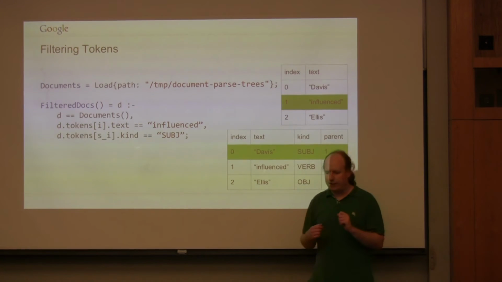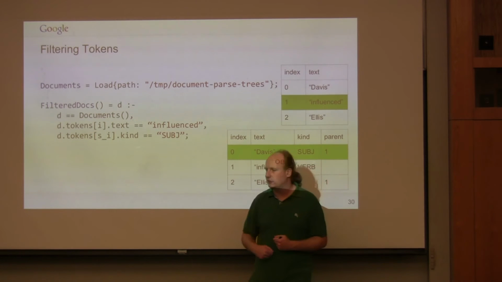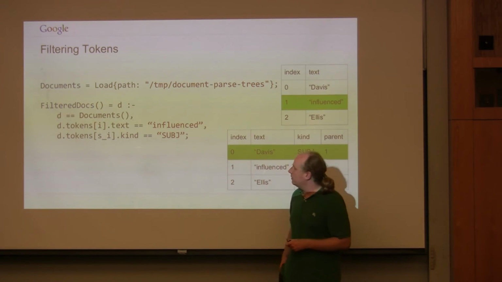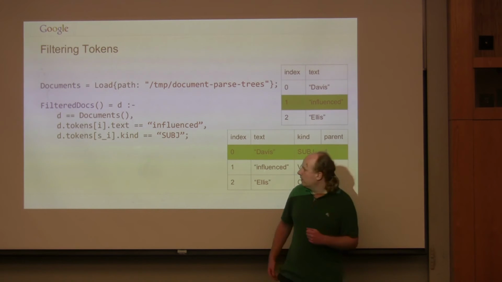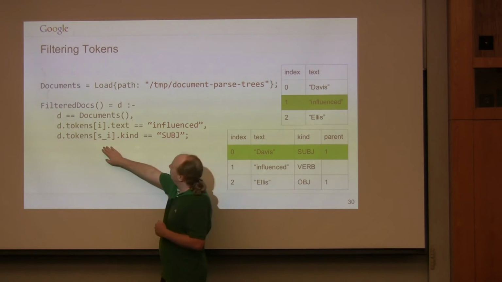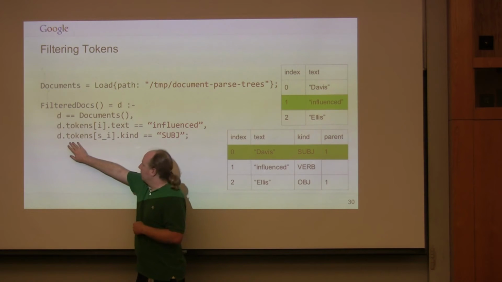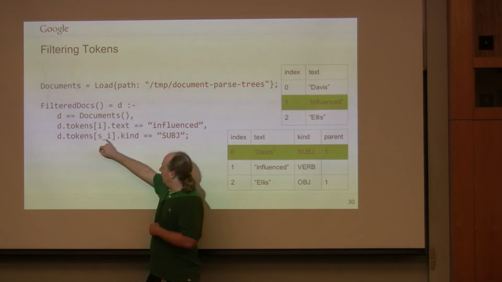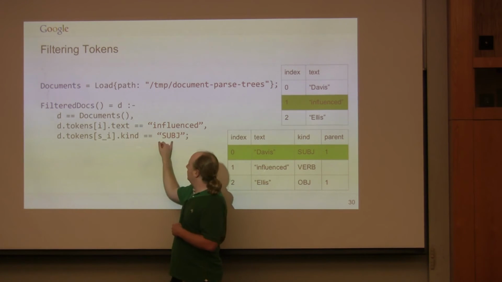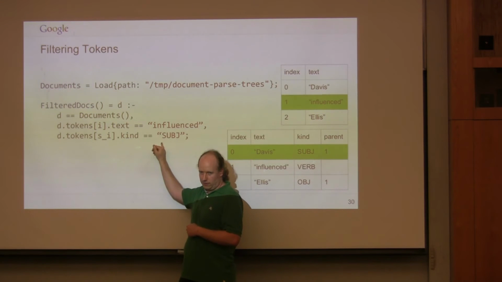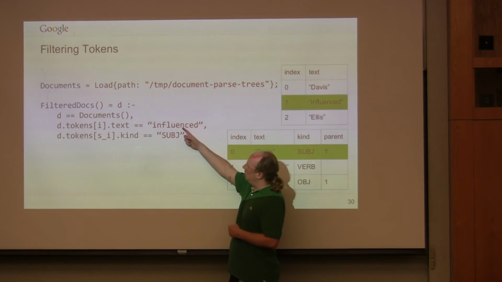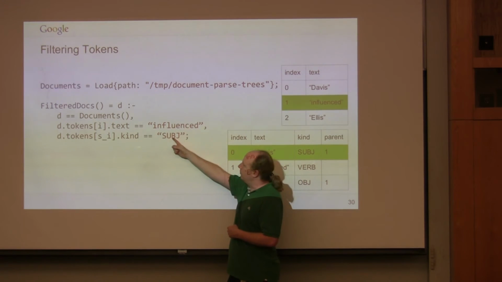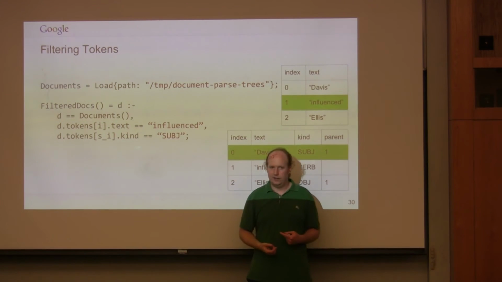Now that we have our function, we need to extend it a little bit. We wanted to find situations where somebody influences somebody else. So now we need to find subjects. There needs to be a subject in our sentence. We basically do the same thing: we look at the tokens, and we say that the kind needs to be a subject. Now we're filtering and finding those documents where there is a token influence, and where there is a token whose kind is subject.